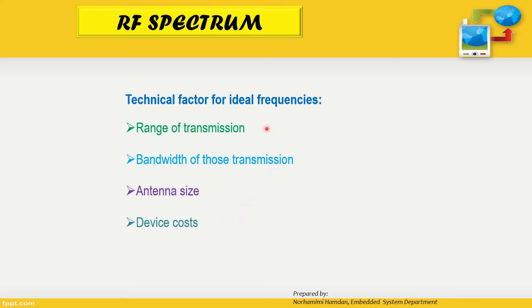If we need a very long transmission with a very big bandwidth, of course we need a very good antenna size and coverage, which will contribute to very high device costs. All of this is related to each other.